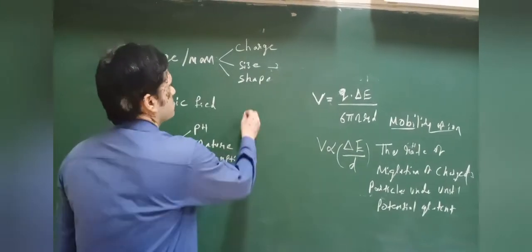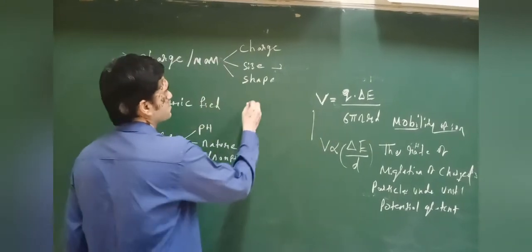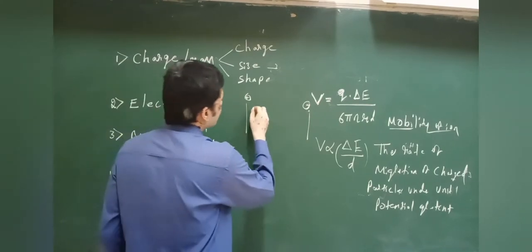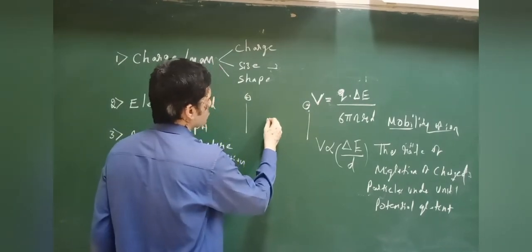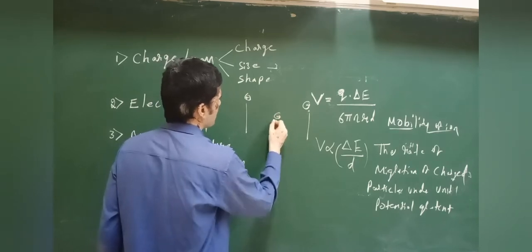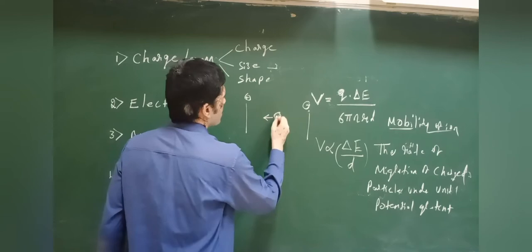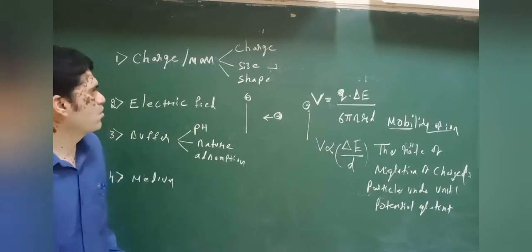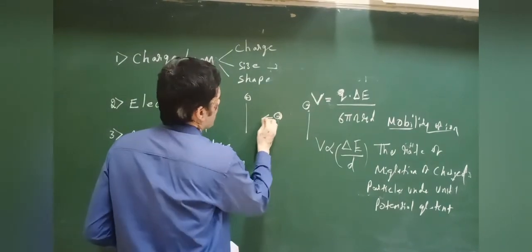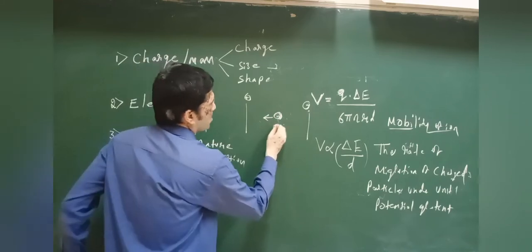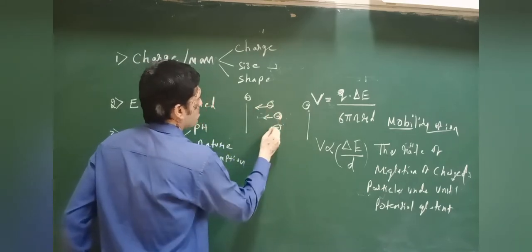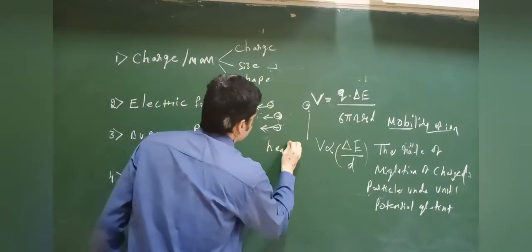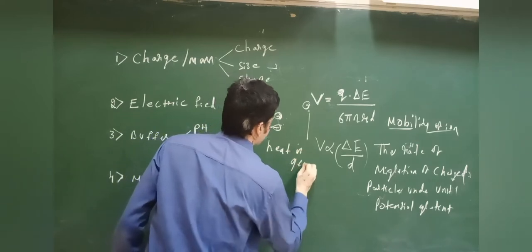Now we see that since two electrodes are there, one positively charged and another negatively charged, the current is carried by ions. Since the ions are charged, either negatively or positively, the current is carried by ions. So if the concentration of buffer is higher, a large amount of current is carried, and then heat is generated.